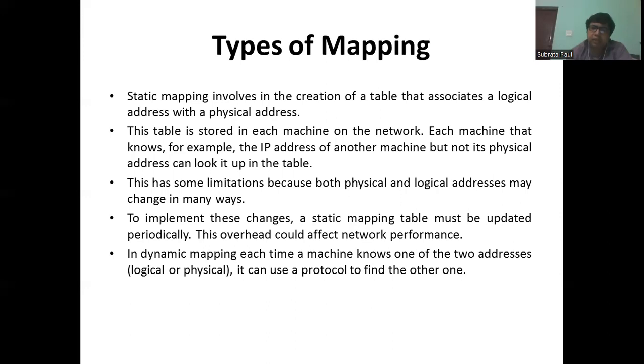But this static table has limitations, because the addresses of a machine can change in different ways. Suppose a machine changes its NIC. Upon changing its NIC, its physical address is replaced by a new physical address.